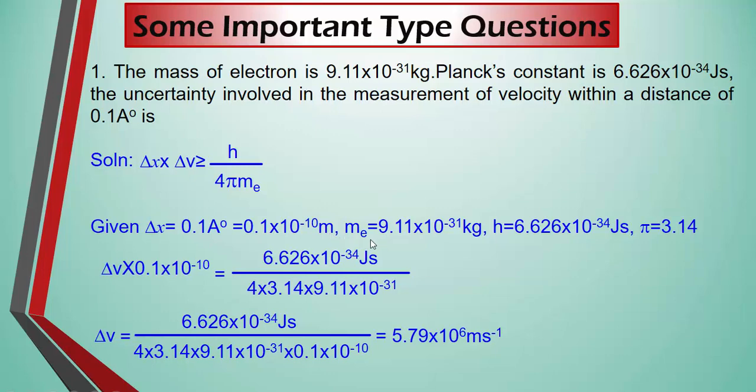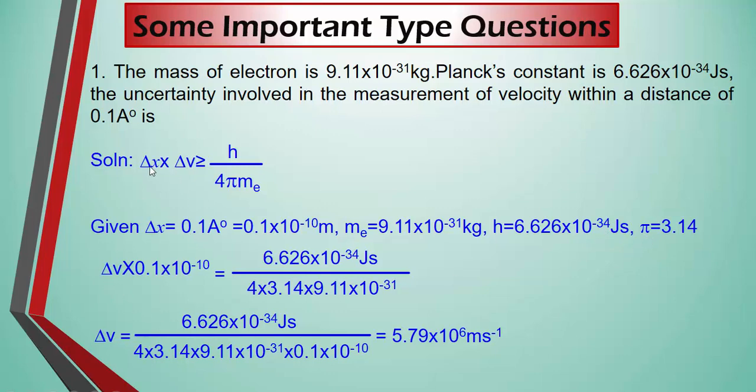And we know the mass of electron. Even if they have not given this value, you should remember it. The mass of electron is 9.11 into 10 to the power minus 31 kg. The value of h, that is Planck's constant, is 6.626 into 10 to the power minus 34 joule second. And you know the value of pi, which is 3.14.